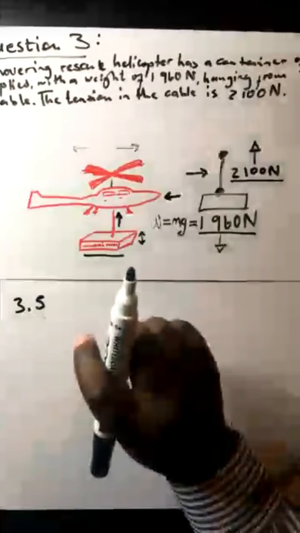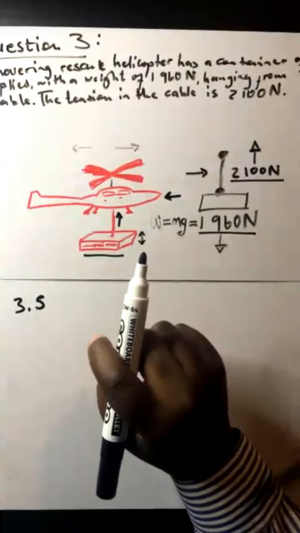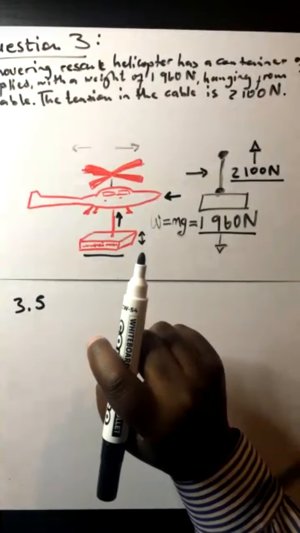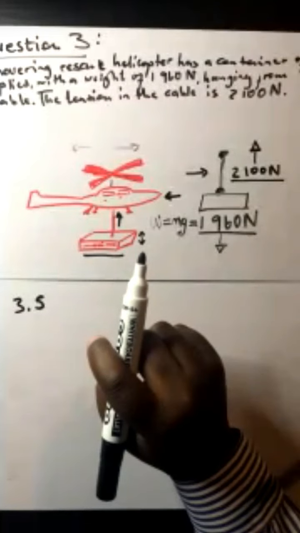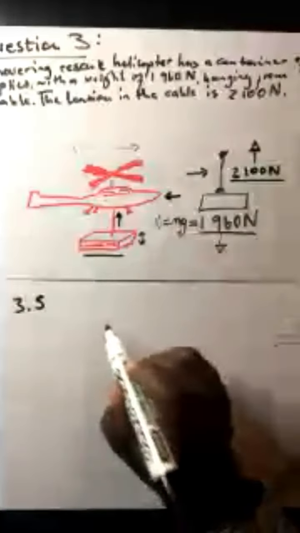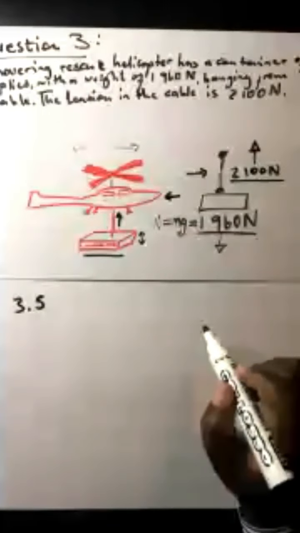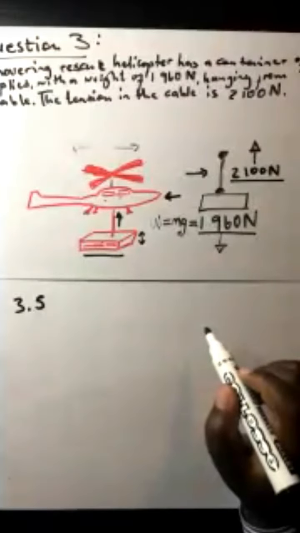Okay, so guys, let's now move to question 3.5, where the question says, calculate the magnitude of the tension in the cable while the container is being pulled upwards. So they want us to calculate the magnitude of the tension in the cable while the container is being pulled upwards.